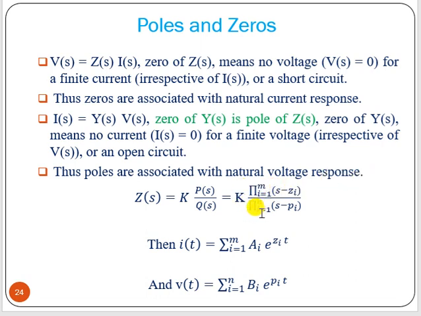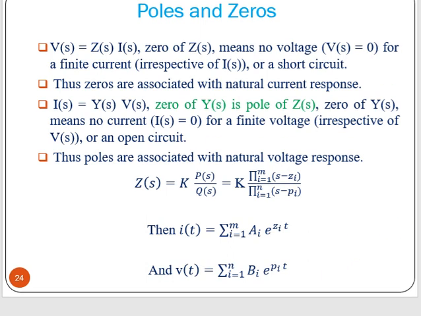Then the continued product for i equal to 1 to n of (s minus pi) in the denominator. Then the current response we can get from these zeros, summation of i equal to 1 to m of Ai e to the power zi t, that is in the form K e to the power st, where s is the z value. The denominator part gives us the voltage response, summation of i equal to 1 to n of Bi e to the power pi t.